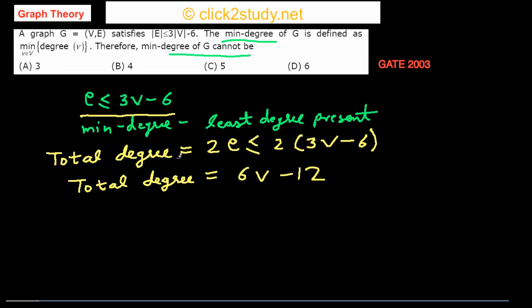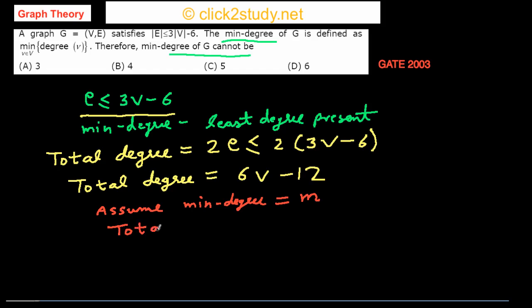And let's assume that your min degree, the degree of the vertex with the least degree, is, let's say, M. So the min degree is M. What can you say about your total degree from this assumption?